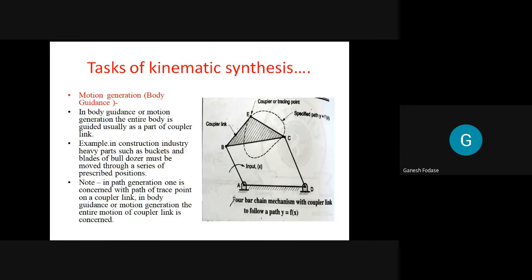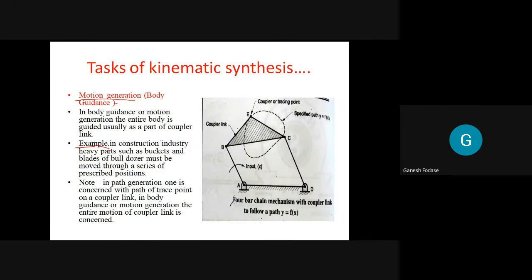Whenever we are interested in motion of a whole link, a complete link, and particularly a coupler link, that problem is a motion generation problem. Here body guidance means the entire body is guided in some subsequent steps.